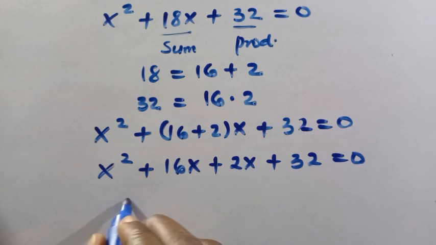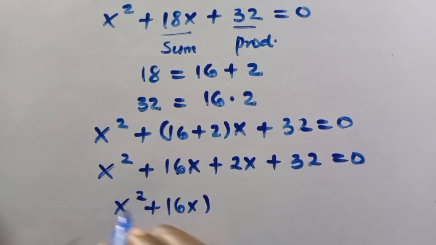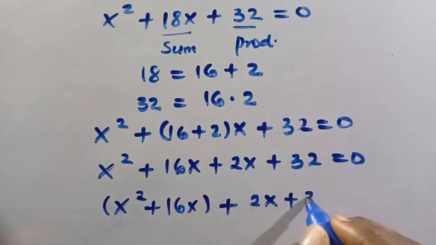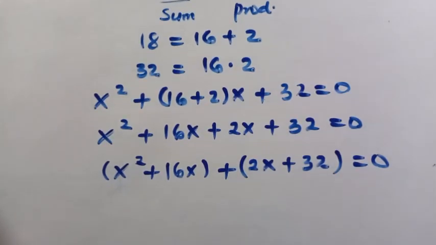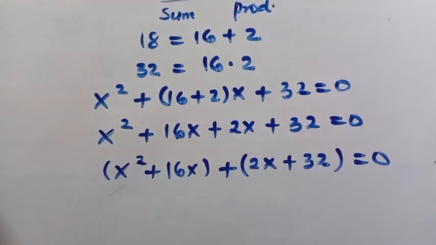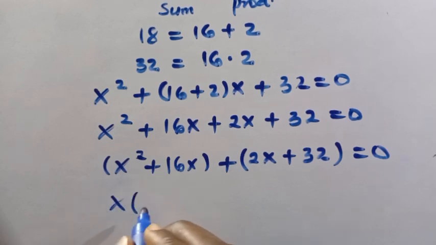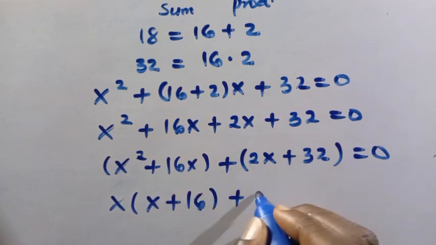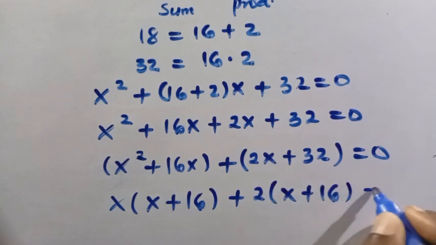So when we combine these together, we have (x^2 + 16x) plus also (2x + 32) = 0. Then with what we have here, when we take out x from here, consider this as x(x + 16) plus, also from here we can factor out 2, and here is (x + 16), this equals 0.